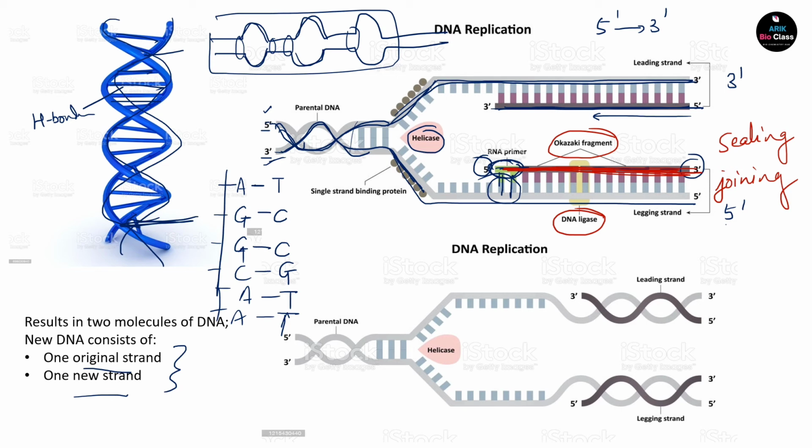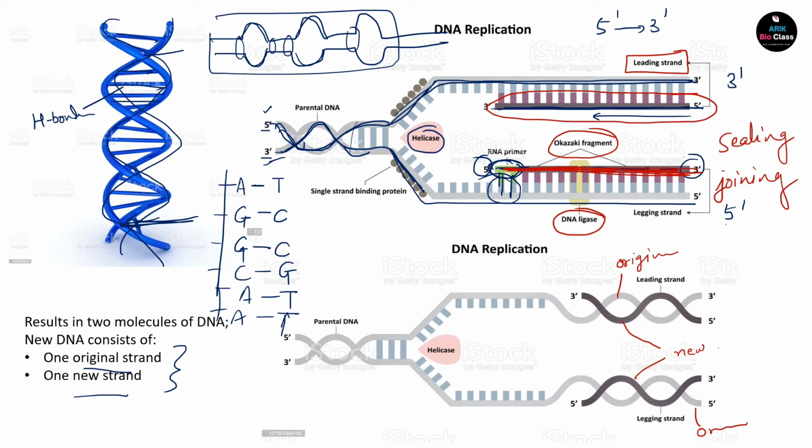So now what will happen, if you look at this from here, now you have this original strand and you have this newly constructed strand. This is new strand, this is new strand, this is original strand. One more thing you have to keep in mind here: the strand which is constructed in a continuous manner is called the leading strand.